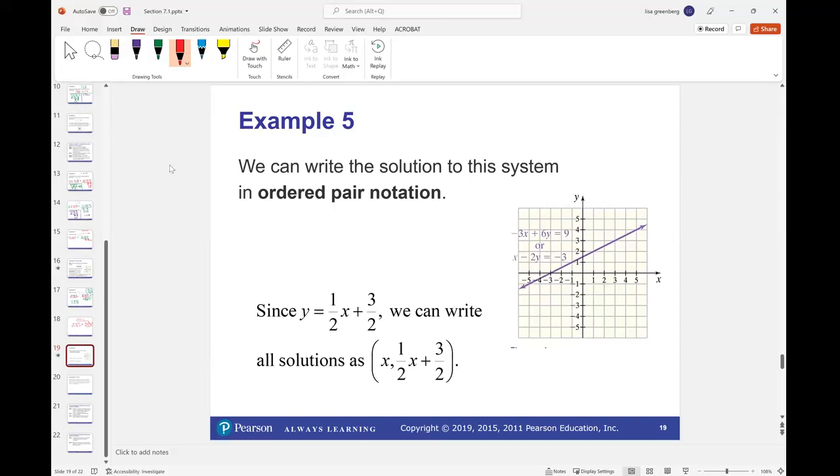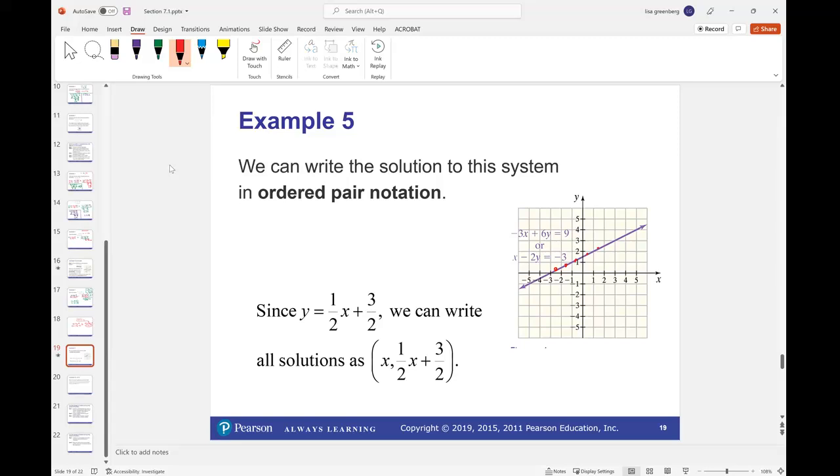They're both the same line. So I only have one line, and that's why there's infinitely many solutions, because every point on the line is an ordered pair because both of them are the same. And they intersect at every point.